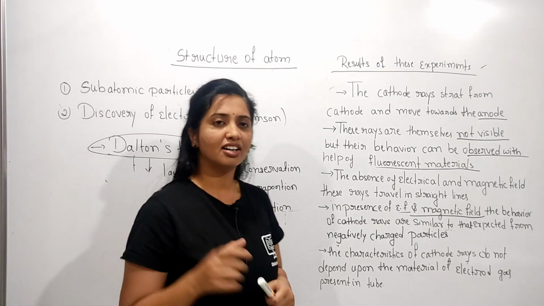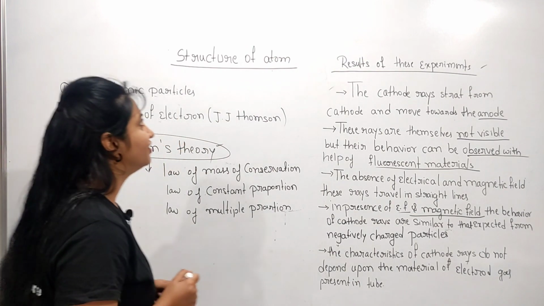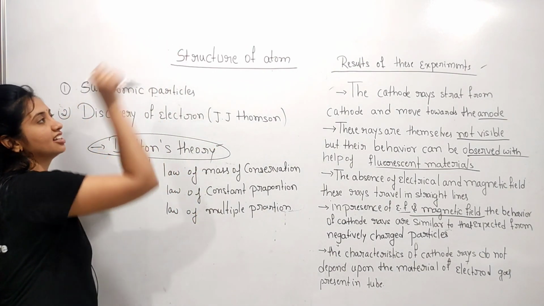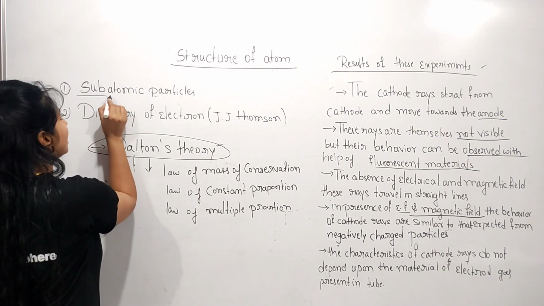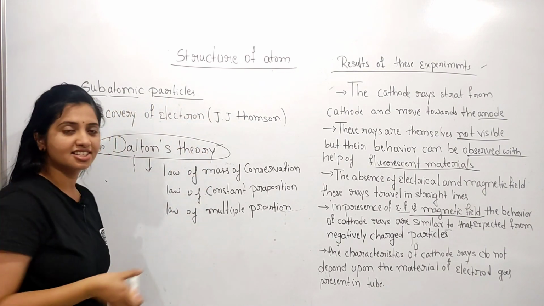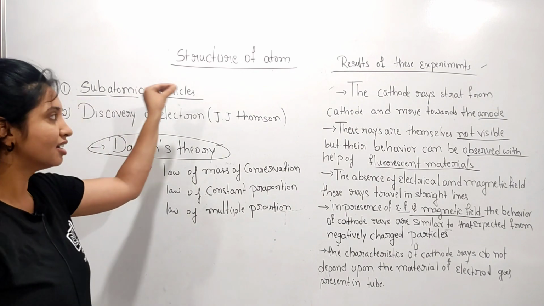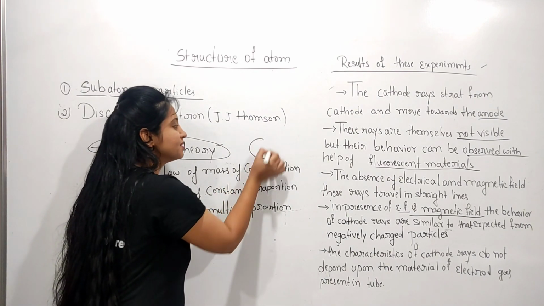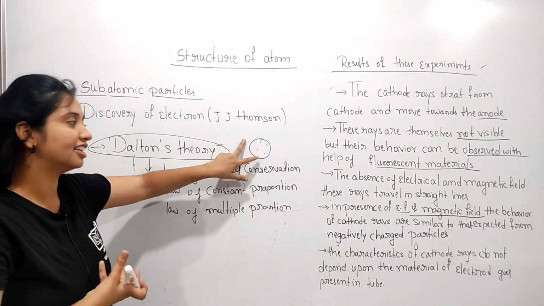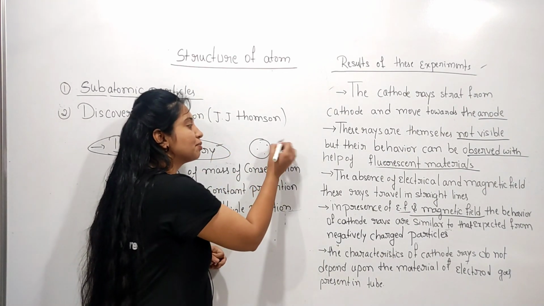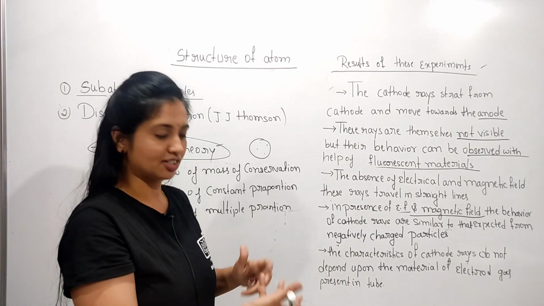Then we found that in the atom there are other subparticles also, called subatomic particles. In the atom we have subatomic particles: protons, neutrons and electrons.